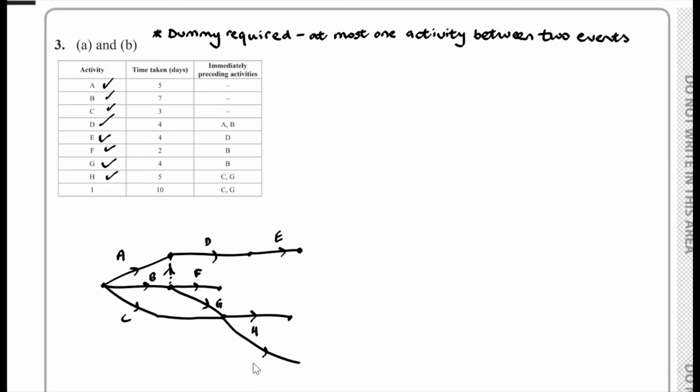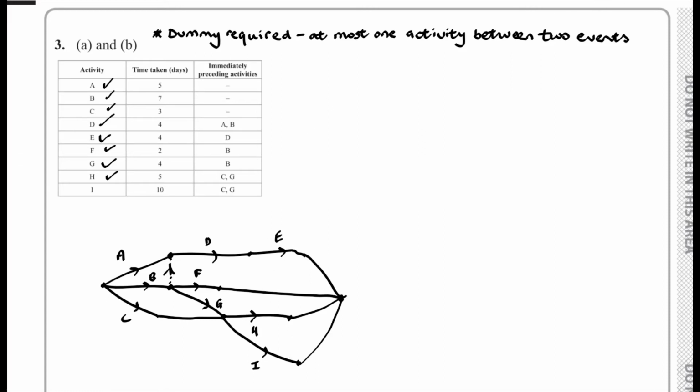Like that. Now, essentially they must all finish at some common point. So this finishes here, if that makes sense. Same with F, that finishes somewhere here. H finishes here, and so does I. But remember, with I, we can't have more than one activity between two nodes.